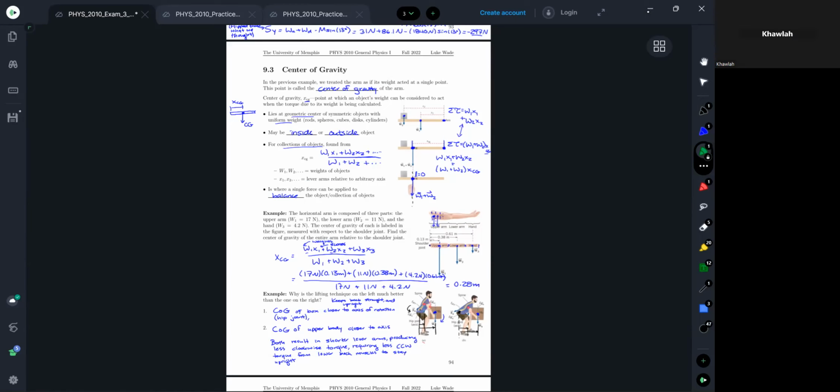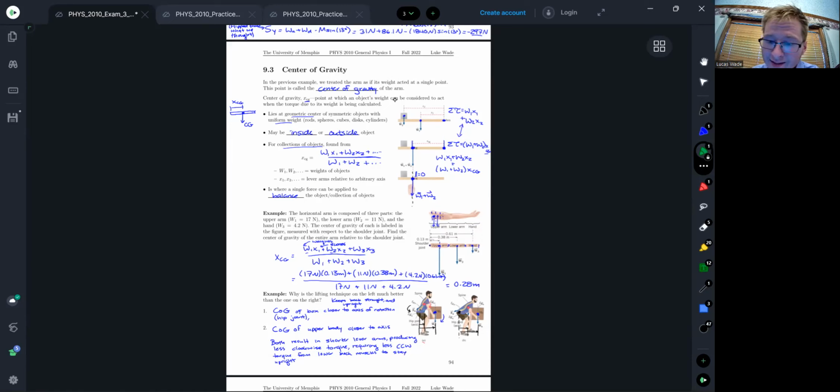When the object is balanced? So if you support something from the center of gravity, it will balance because the center of gravity is the point through which, yes, takes here. So the center of gravity is where you can treat the weight of an object as acting when you're calculating the torque that weight produces around an axis.